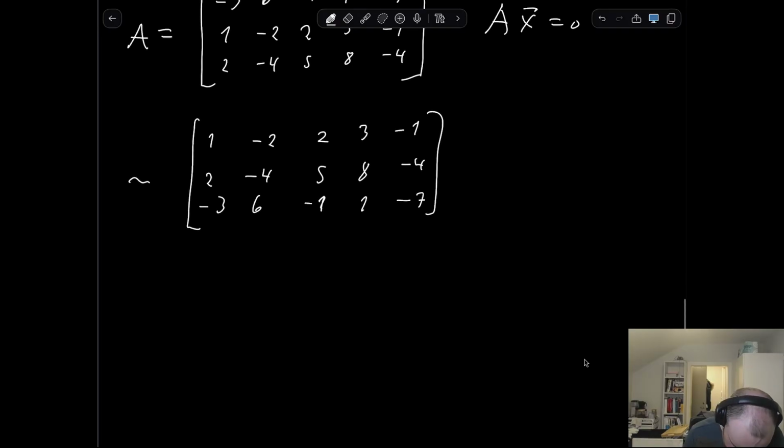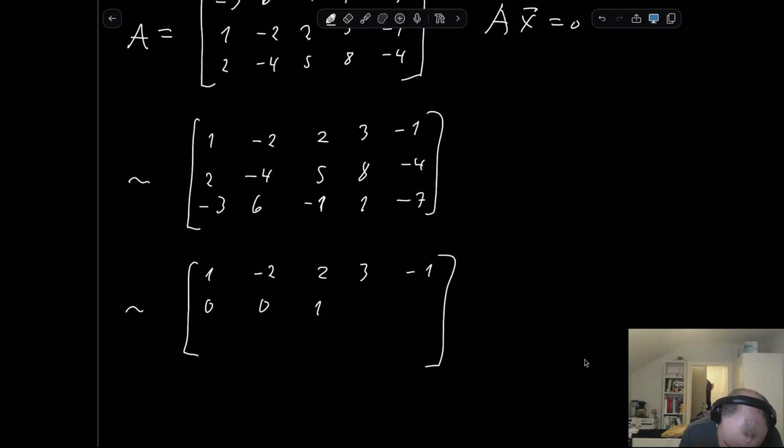Pretty neat. Then we use the top one to get rid of the bottom one. I always write the top one so I don't lose track. Minus 2, 2, 3, and then minus 1. I multiply the top by minus 2, that's 0, 0, then 1, then minus 2 gives 2, then that's of course 2, and that's of course minus 2, like that.